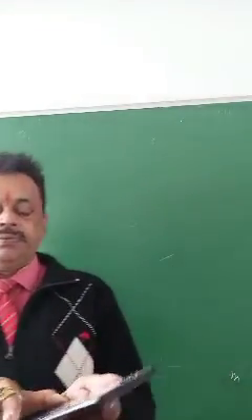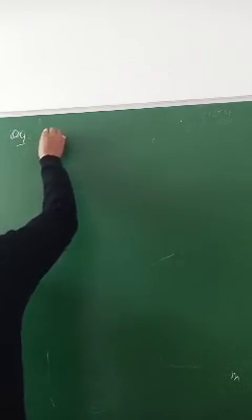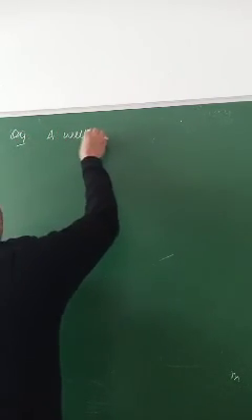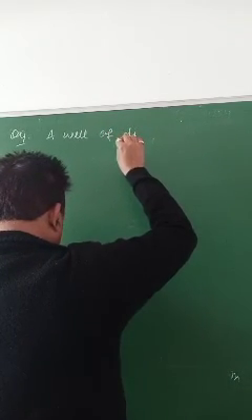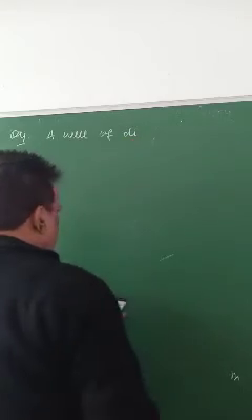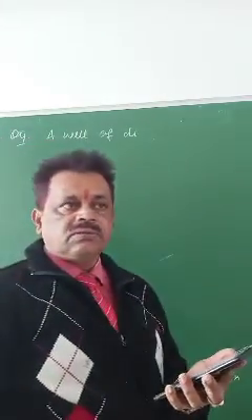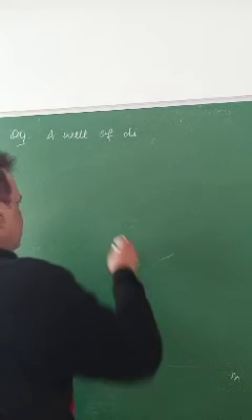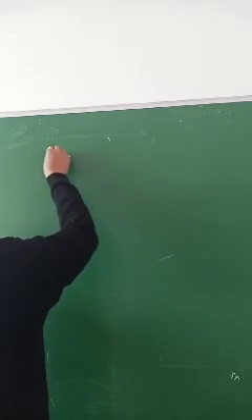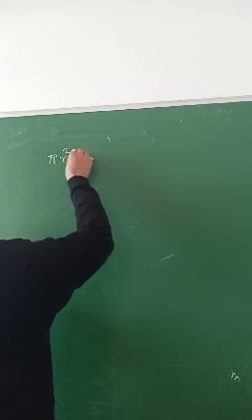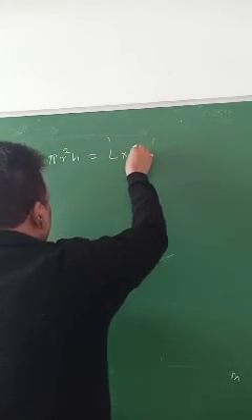Before question number 4, in the previous question there is a little mistake. In question number 3, again you see, we made a mistake there. Pi r square h equals A into B into h.